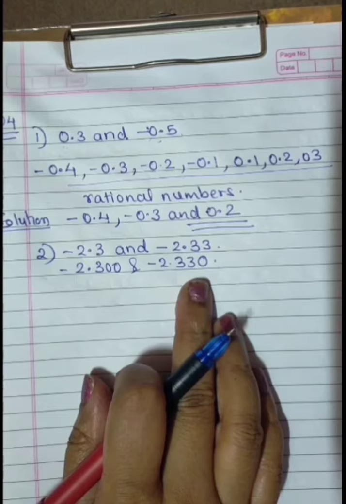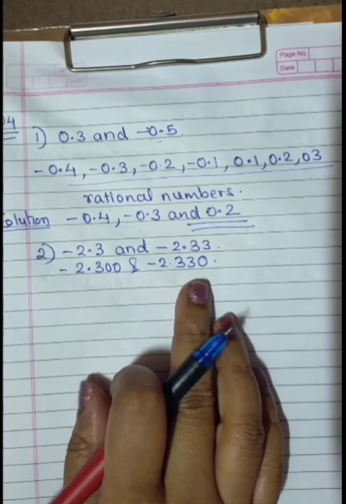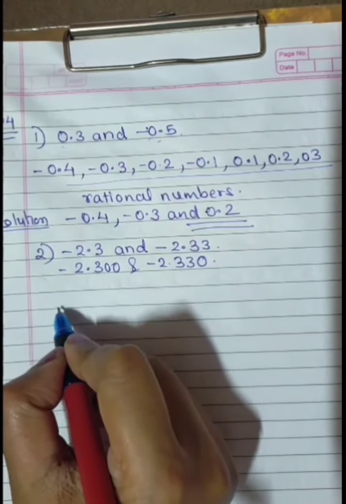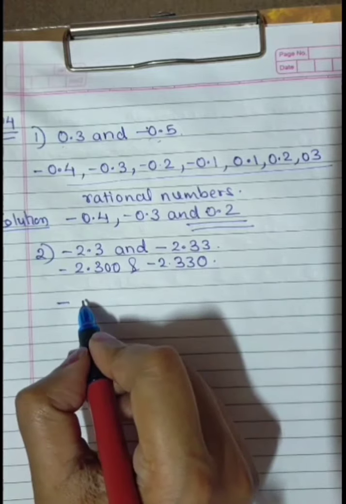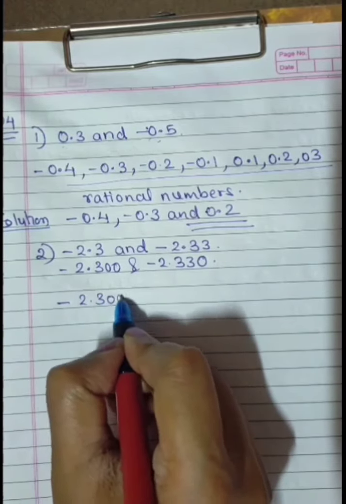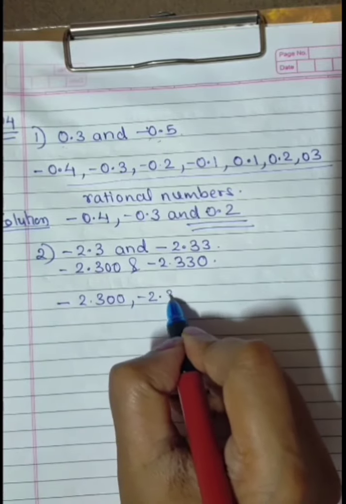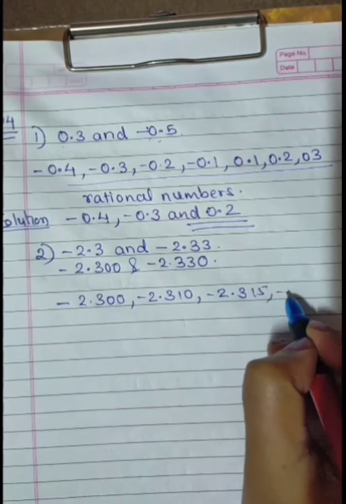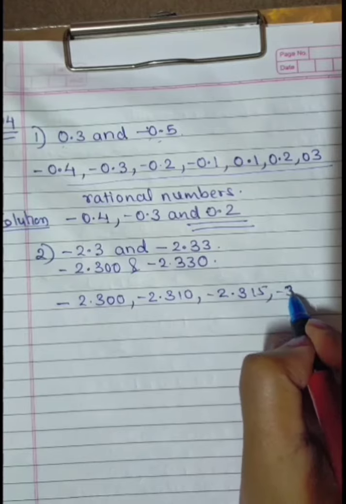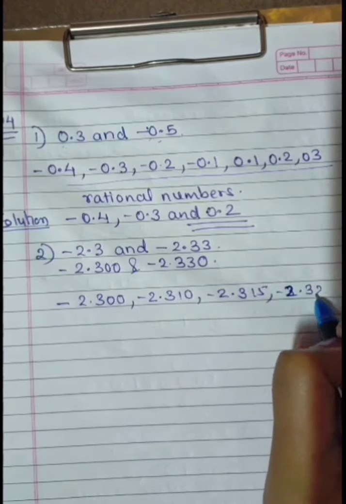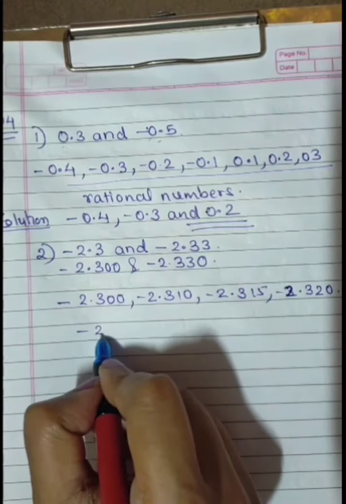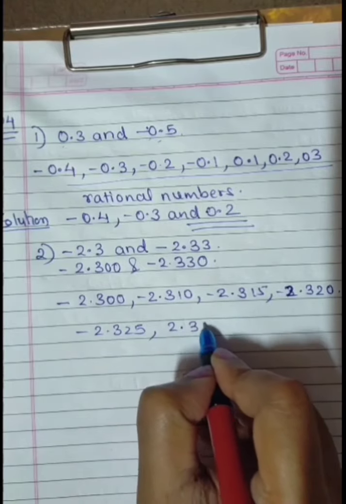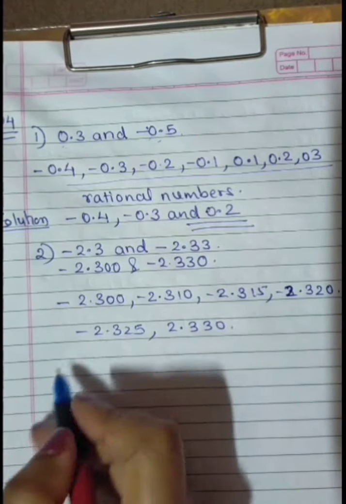Okay, now here also you can take minus 2.300, minus 2.310, minus 2.315, minus 2.320, minus 2.325, minus 2.330. So any three numbers you can take.